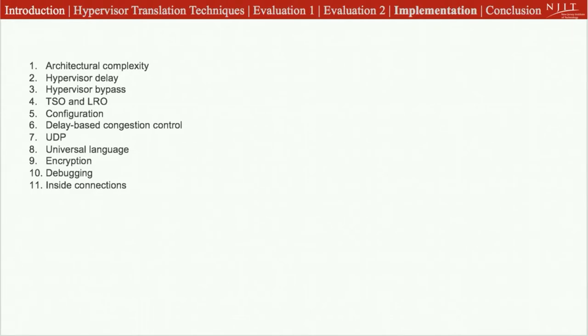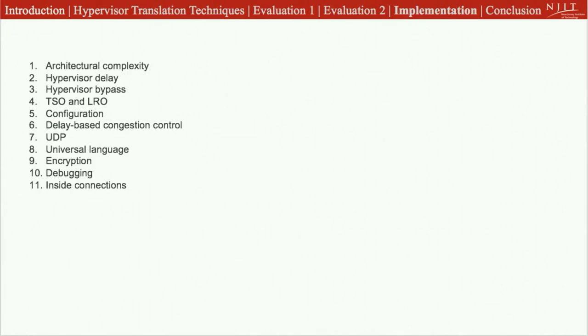The eighth one is universal language. In order to directly translate between n congestion control algorithms, we would theoretically need to implement O(n^2) translations. Instead, we could envision a universal atomic congestion control protocol enabling us to implement only 2n translations to and from this protocol.